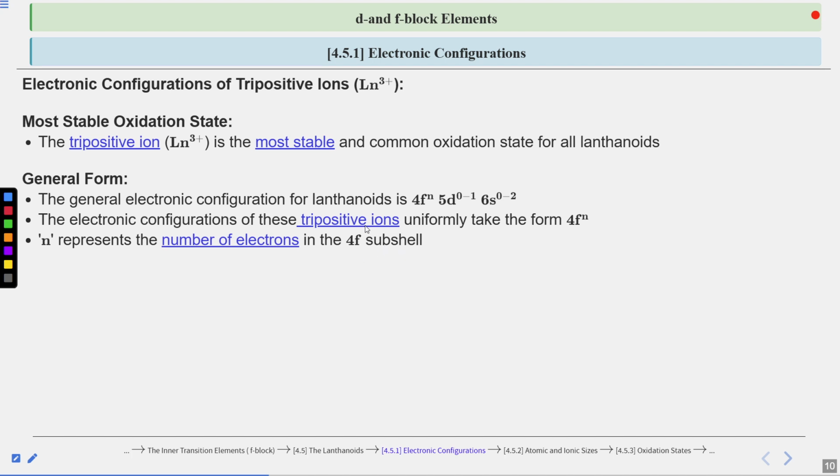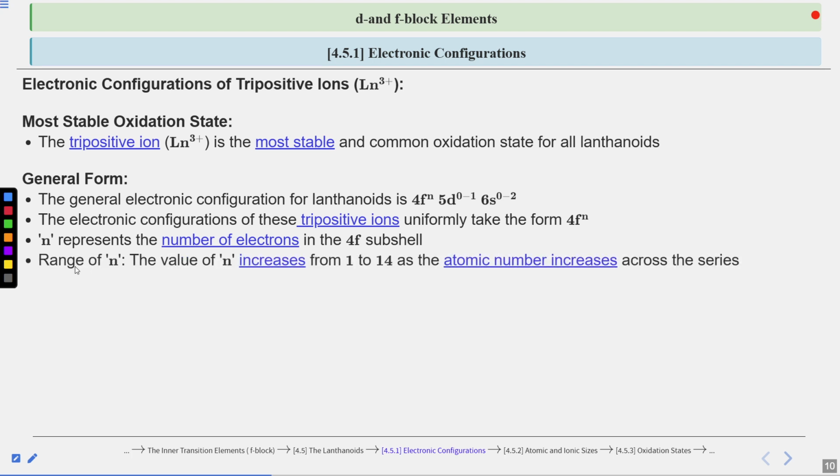As you know, the 4f can contain a maximum of 14 electrons, and half filled will be 4f7. The value of n will increase from 1 to 14 as the atomic number increases across the series of the lanthanoids.